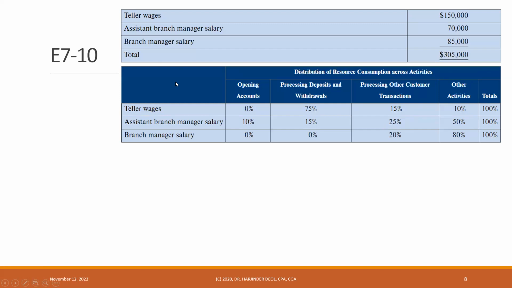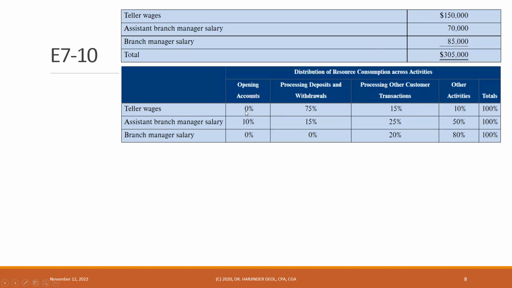As part of step 1, we were supposed to do a first level cost allocation. So looking at these various activities, we need to allocate the teller's wages, the assistant branch manager's salary, and the branch manager's salary. So the way we go about it is we take the percentage of that particular activity level that relates to teller wages.